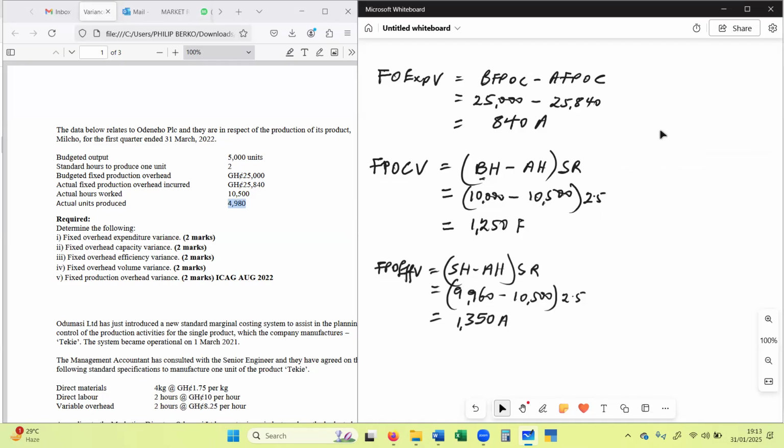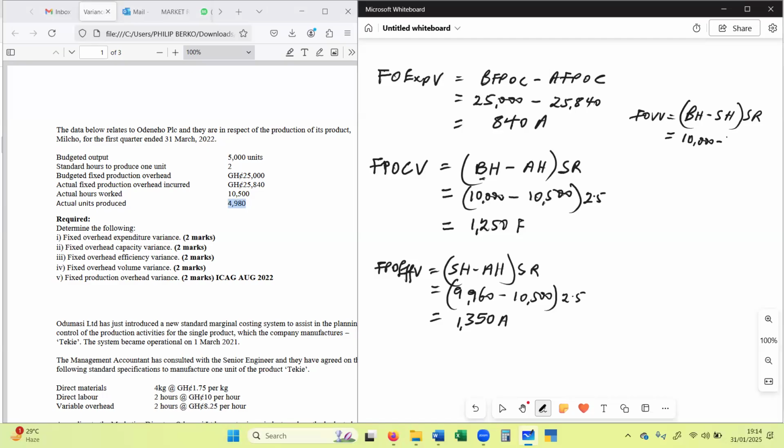So now we move on to look at fixed overhead volume variance. So volume variance is what? Budgeted hours minus standard hours, multiplied by the standard rate. Budgeted hours we've worked out already, we had 10,000.